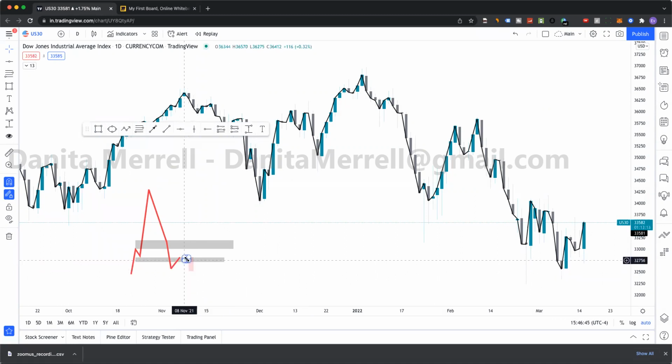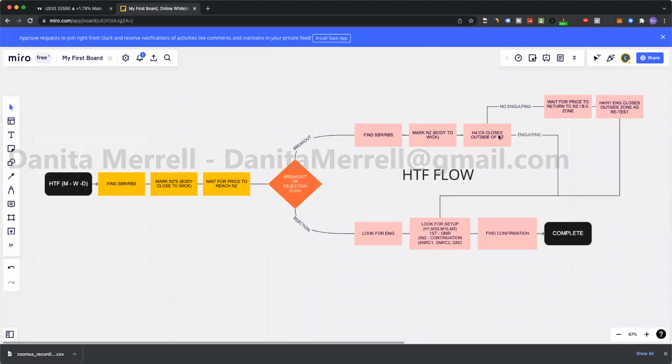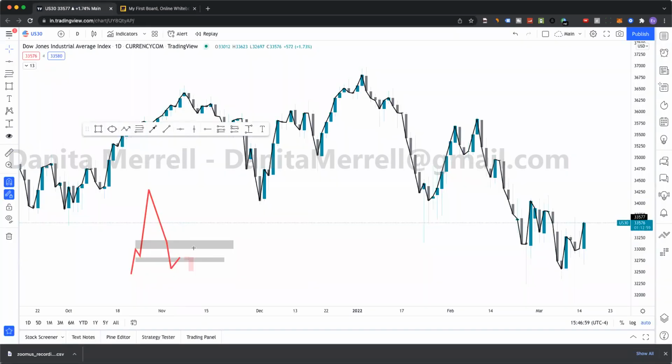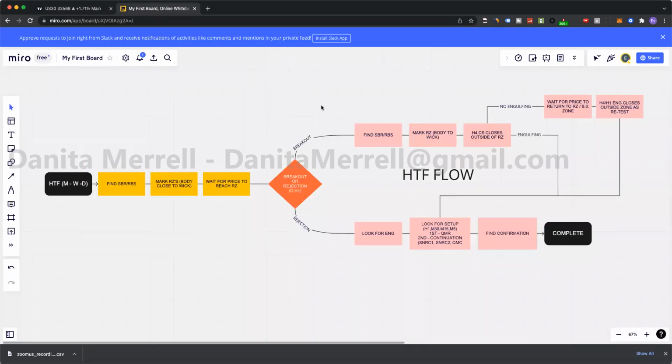So this engulfing outside of our rejection zone on our H4, okay? If there is an engulfing pattern, then we just continue down, and this is already our engulfing right here. We would highlight that and then go and look for the setup, H1, M30, M15, and then find the confirmation and continue the flow.